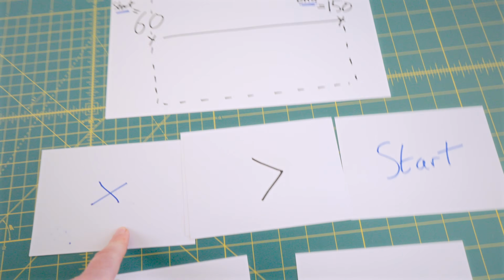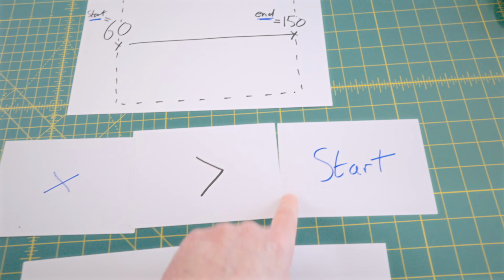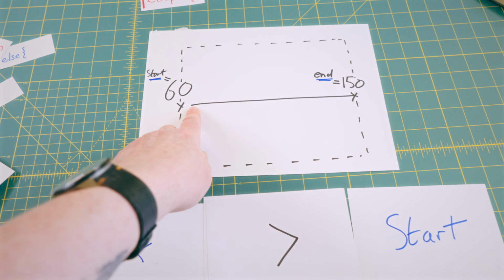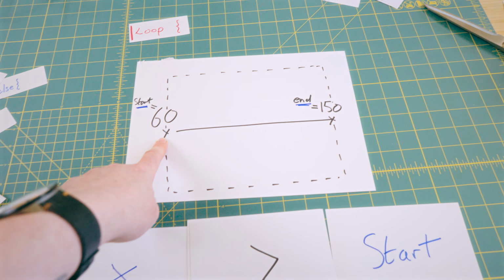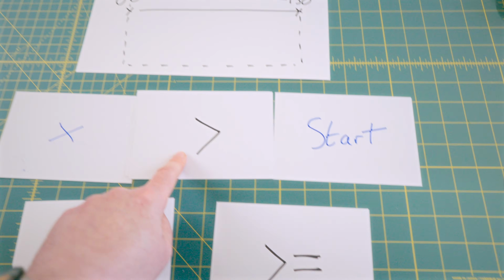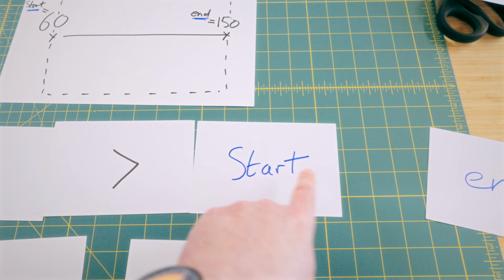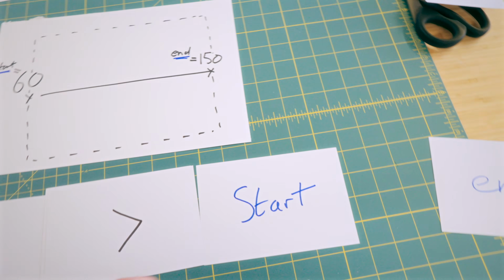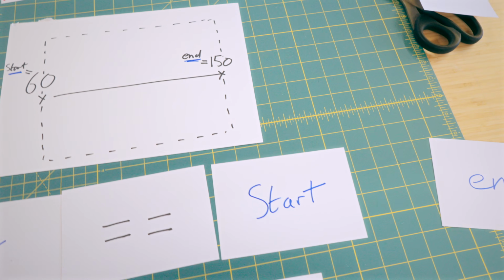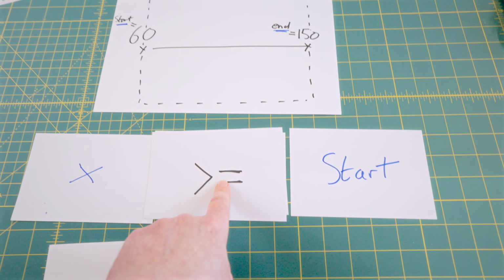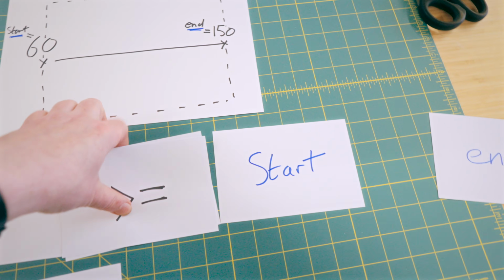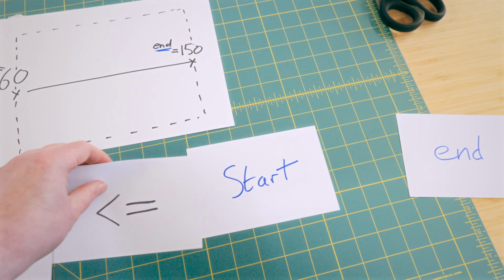So if x is greater than the start, that's true for like 61, 62, all the way up here, but it doesn't include 60 itself. So I could go, is x greater than start minus 1, but it starts to get a bit weird. So the better solution is to go, is x greater than or equal to the start, and is it less than or equal to the end?